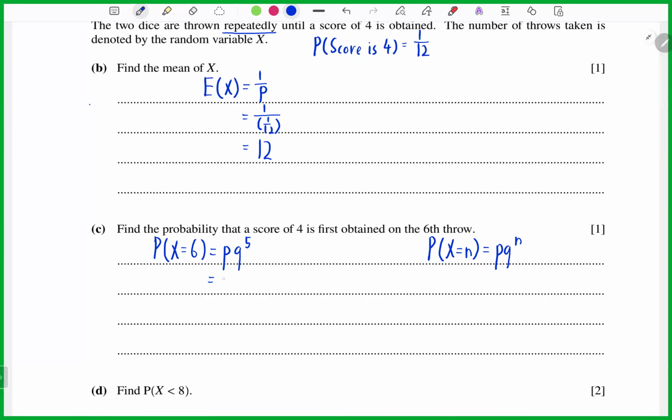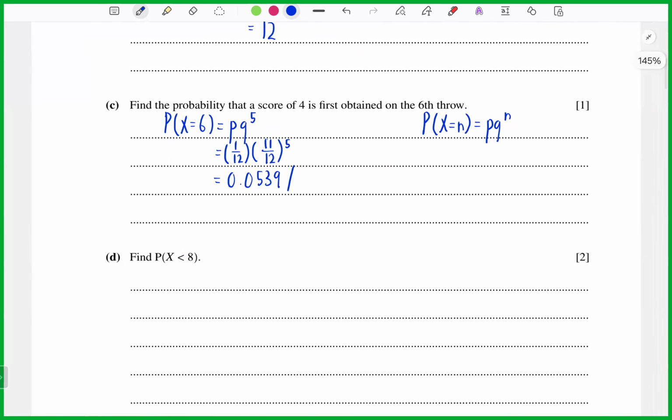So you can write 1 over 12 times 11 over 12 to the power 5, which equals 0.0539. You can also write it as a fraction, but I think I will write the answer in decimal. So 0.0539. And then we look at question D.